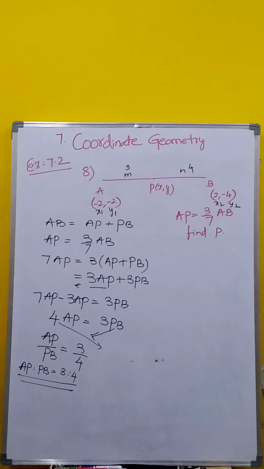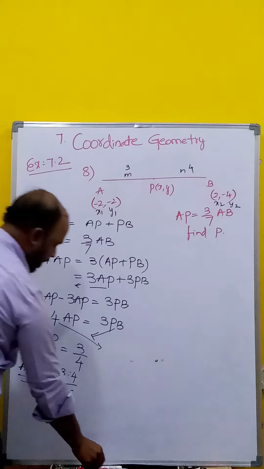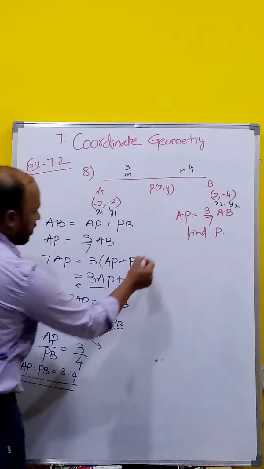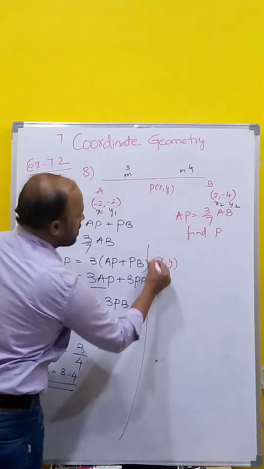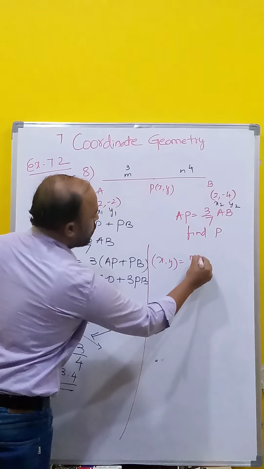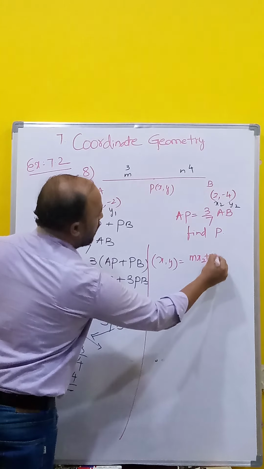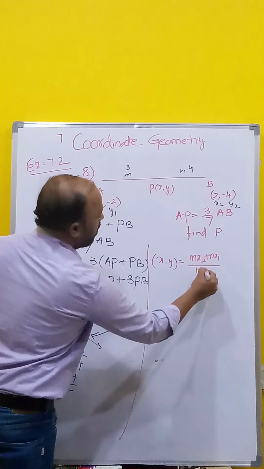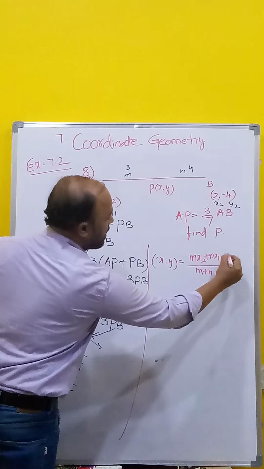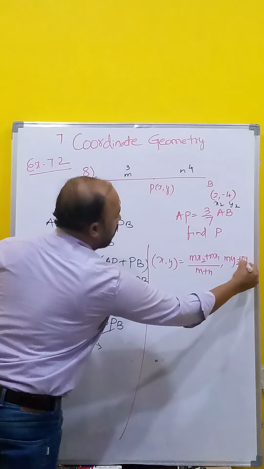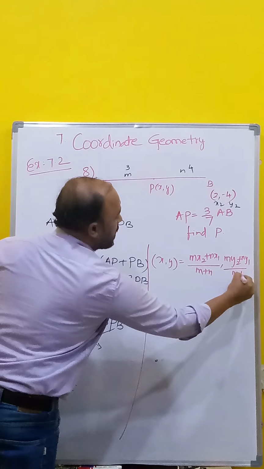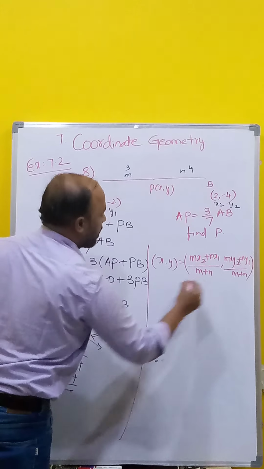Now use the section formula. What is the section formula? x comma y is equal to mx2 plus nx1 by m plus n; second coordinate, that is my2 plus ny1 by m plus n. Clear?